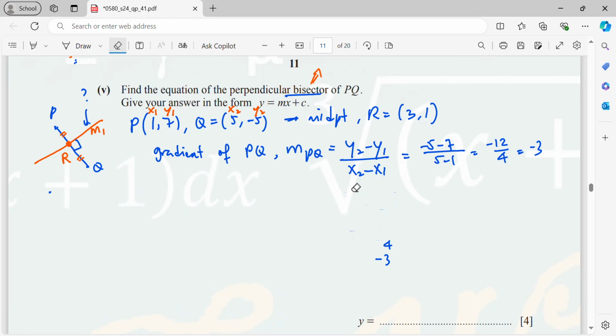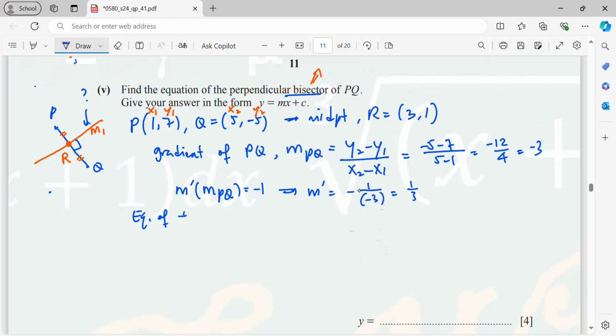Now the other gradient, because we are finding the perpendicular bisector, so M prime times MPQ equals minus 1. Therefore, M prime is negative 1 over negative 3. That is 1 over 3. So, the equation of the perpendicular bisector. I'm going to use the M prime now.